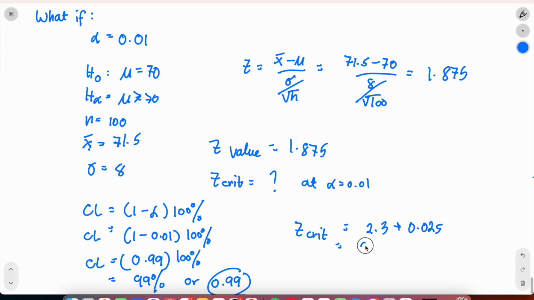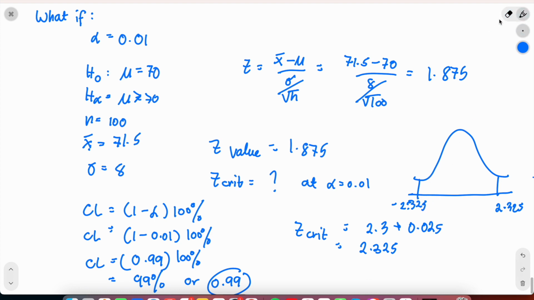So we have 2.325. Therefore, moms and sirs, this is positive 2.325 and negative 2.325.